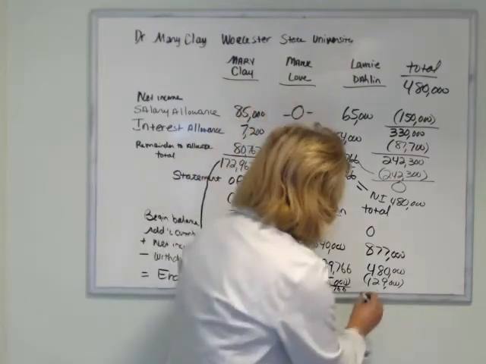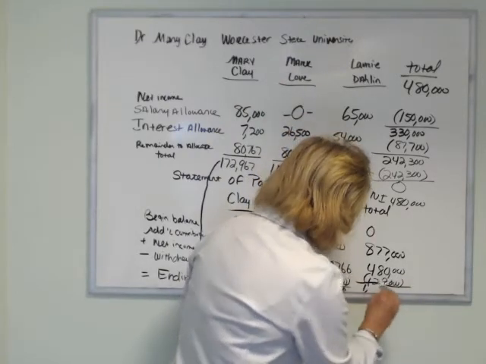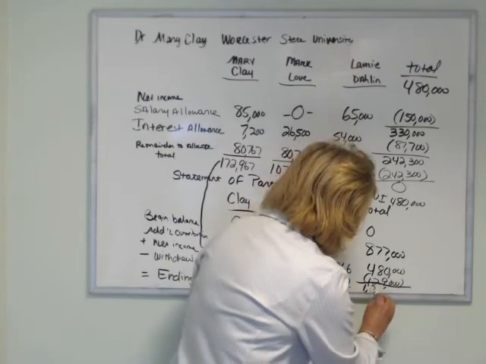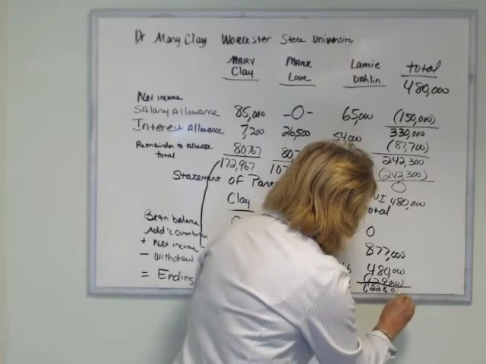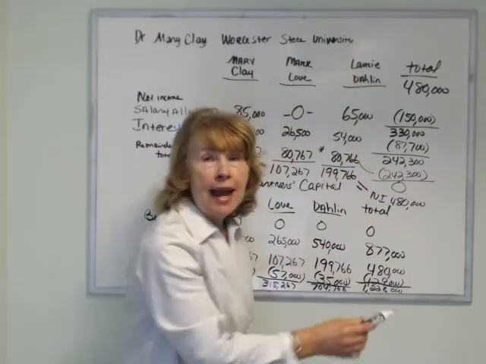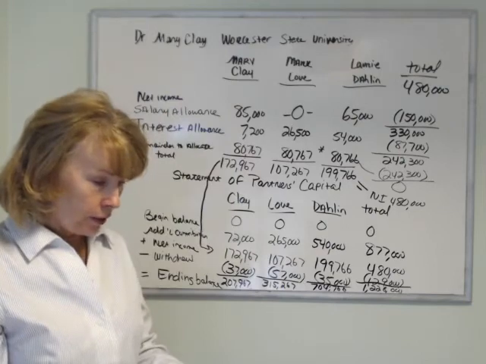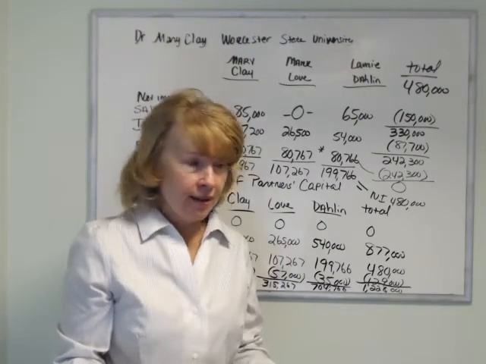And then the total is 1,228,000 even. Here's what I like to do. I double check my math, add it down and add it across, and they better equal the same. Okay, now that's number 1, that's number 2.